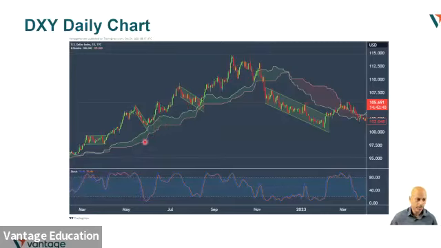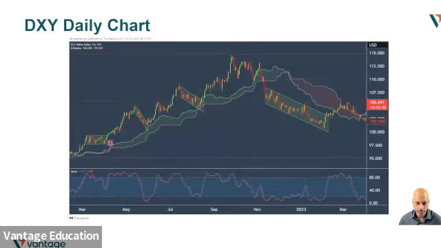So for those who may not be familiar with Ichimoku Cloud, when the cloud is green, as you can see here, this part here, the cloud is green. So you can see the green line is actually above the red. So this means this is a green Ichimoku cloud. And when the cloud is green, this indicator tells us that the current trend for this security, in this case the dollar index, is in a strong bullish trend, especially when price is trading above it.